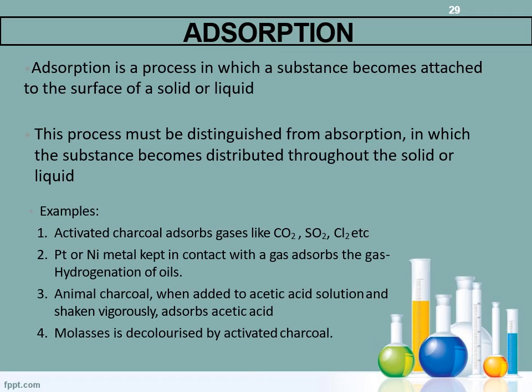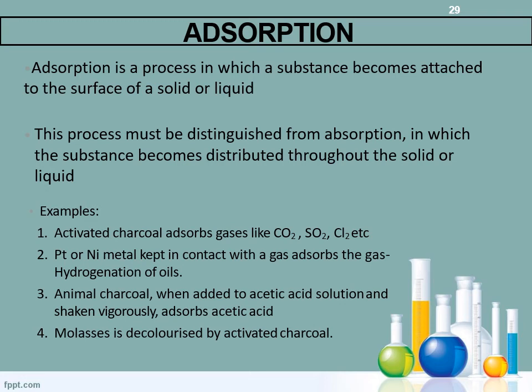There are a few examples that involve the adsorption process. First one is activated charcoal that adsorbs gases like carbon dioxide, sulfur dioxide, or chlorine. Second, platinum or nickel metal kept in contact with a gas adsorbs the gas. This process is called hydrogenation of oils, or trans fat.